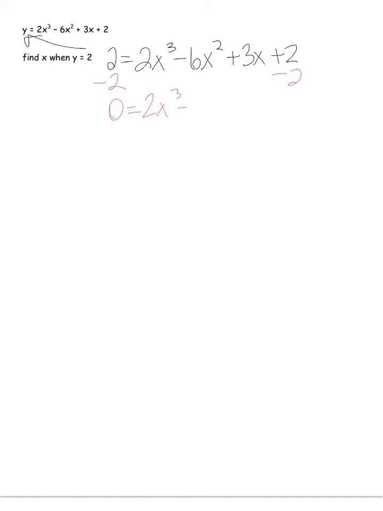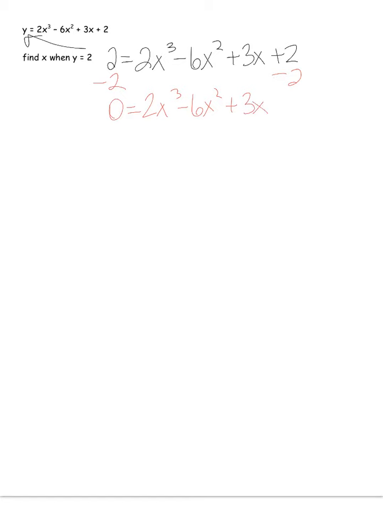All right, so on this one we plug in our 2. Same beginning polynomial, but we're going to have a different result because we plugged in a different value. Remember, no factoring, no solving of any type with polynomials until your equation equals 0. Well, that's interesting.